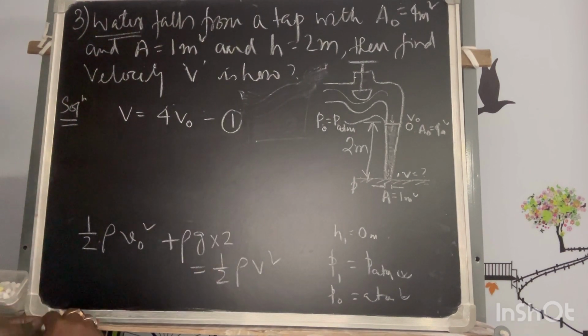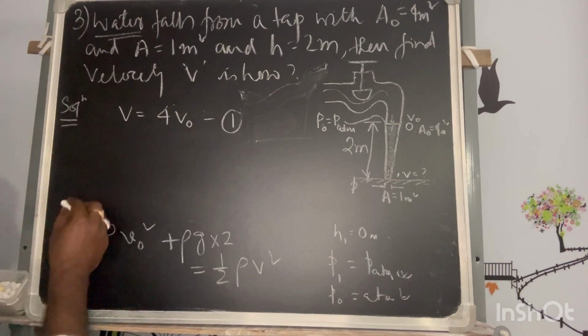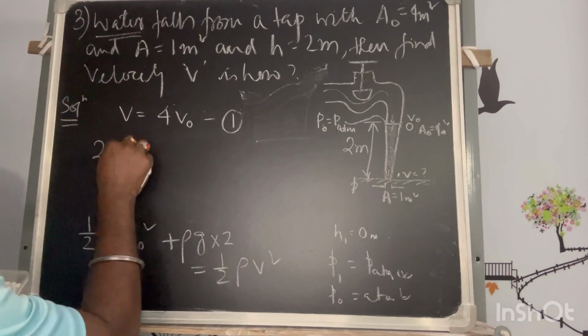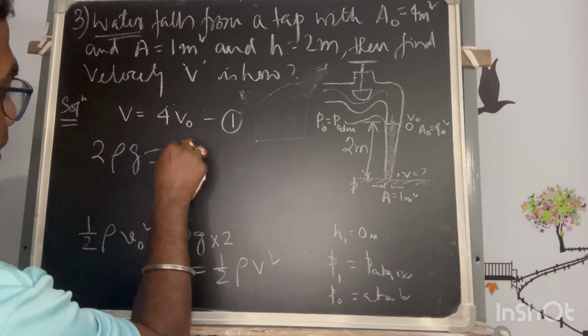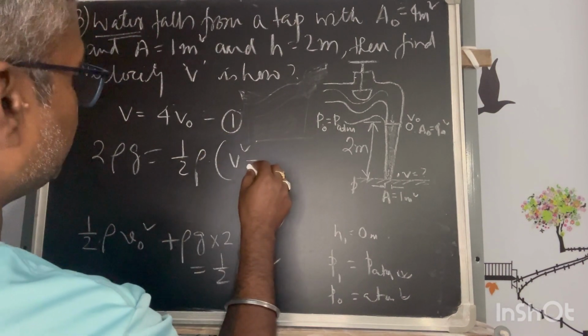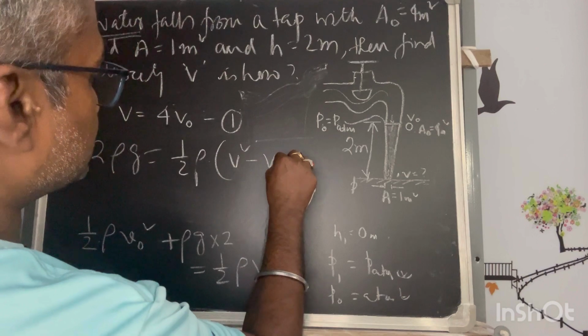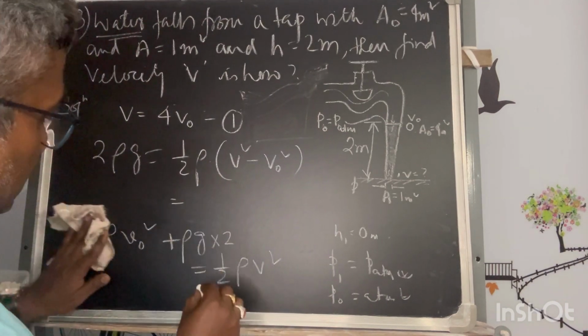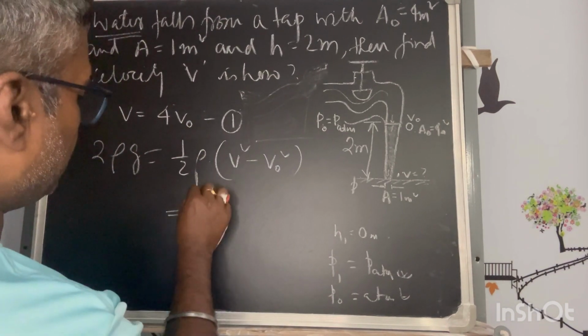Okay, now here comes this equation to be used. So 2 rho G is equal to half rho, if we take common, V square minus V0 square. Now we'll put the value of this.